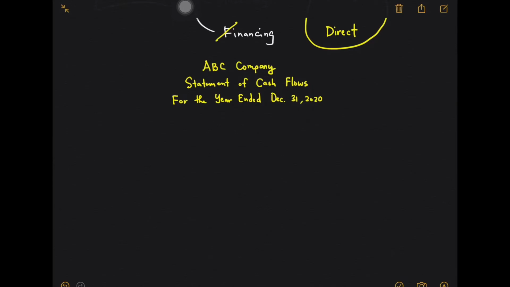You will write, and after this line, you will indent and write down transactions related to operating activities. And you will start with the collections first before the payment. So given that, I will now write the transactions.